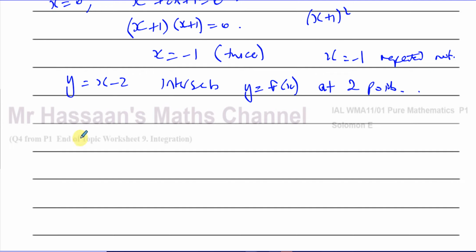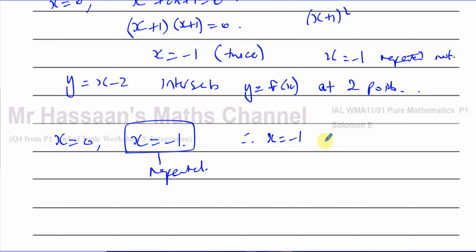One is when x equals 0, and the other one when x equals minus 1, and this is a repeated root, meaning it's a tangent at that point. So therefore, when x equals negative 1, we have a tangent. The curve and the line touch at that point. And we learned about repeated roots, so we have a tangent.